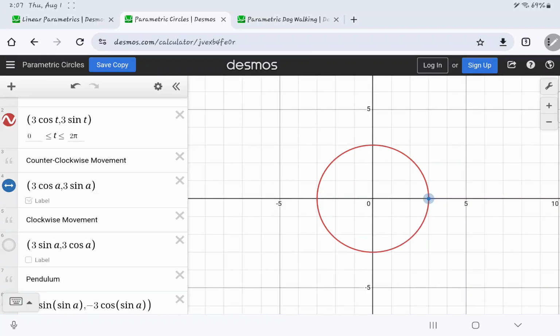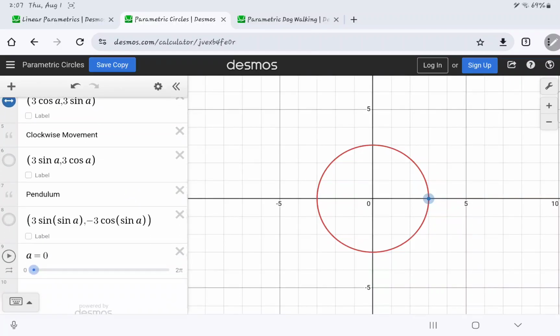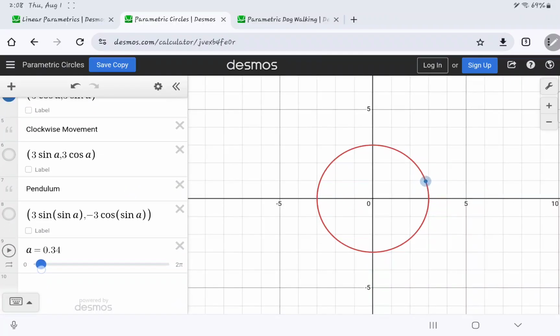And then as our a increases, cosine is going to go down, sine is going to go up. So cosine is going to get smaller, sine is going to get bigger, which means my x is getting smaller, my y is getting bigger, till at pi over 2, we're kind of right here at the top on that curve.